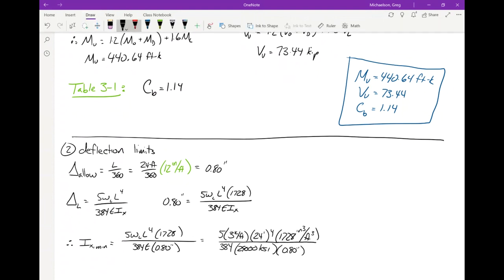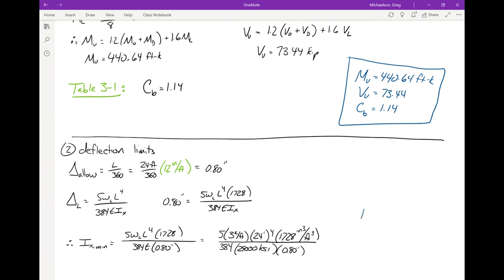And so when you chug this out, you should get IX minimum is 965.3 inches to the fourth.